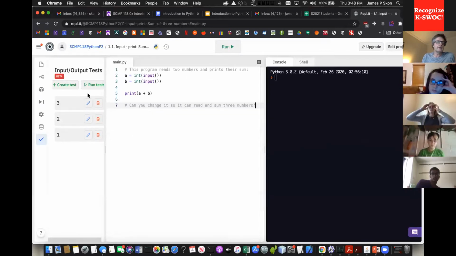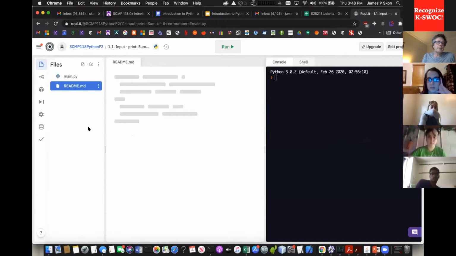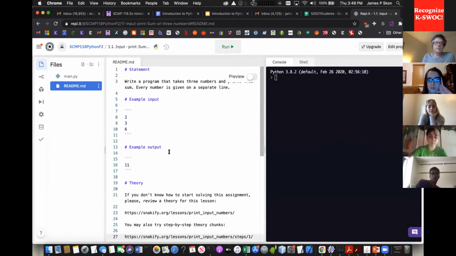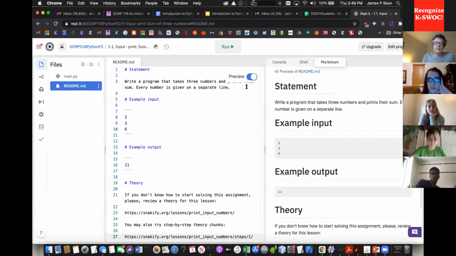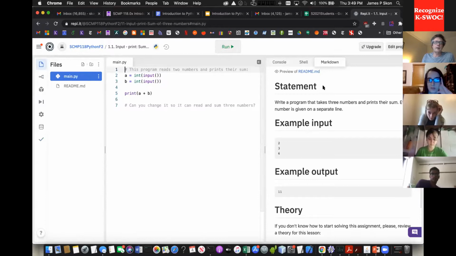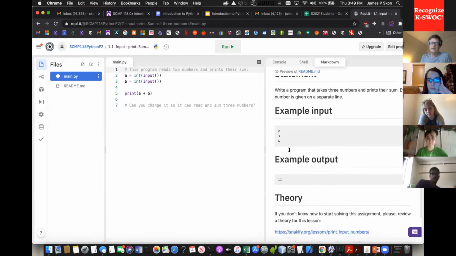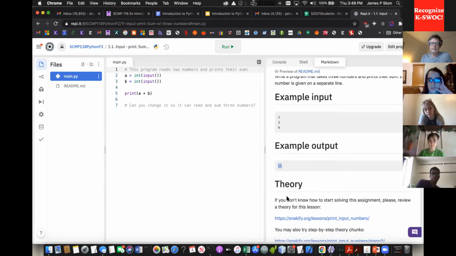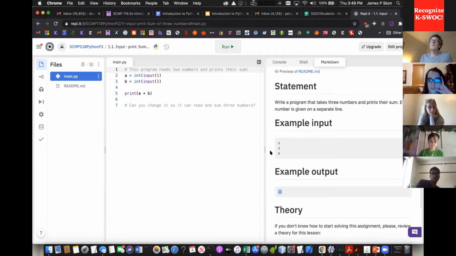It has some starting code, and if you click on the files, it has a readme. Looking at the markdown over here, this gives you the problem. It says, write a program that takes 3 numbers and prints their sum. Then here's the sample input, and here's the sample output. We're going to be doing lots of these.